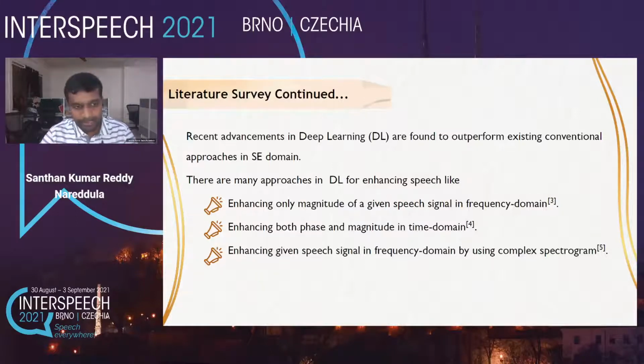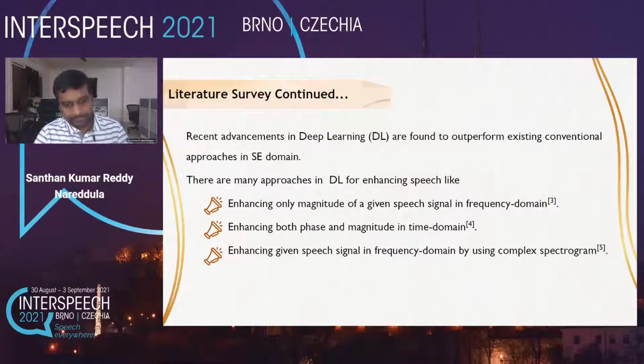Recent advancements in deep learning have not only enhanced the rest of the domains, they have also greatly evolved the field of speech enhancement. There are many methods in speech enhancement. People used to follow many procedures to enhance speech using deep learning methods.